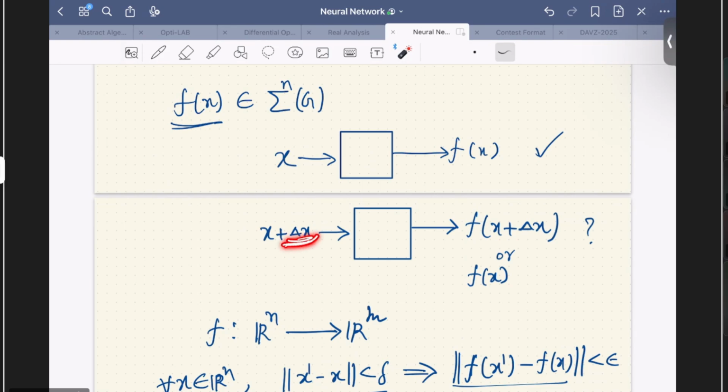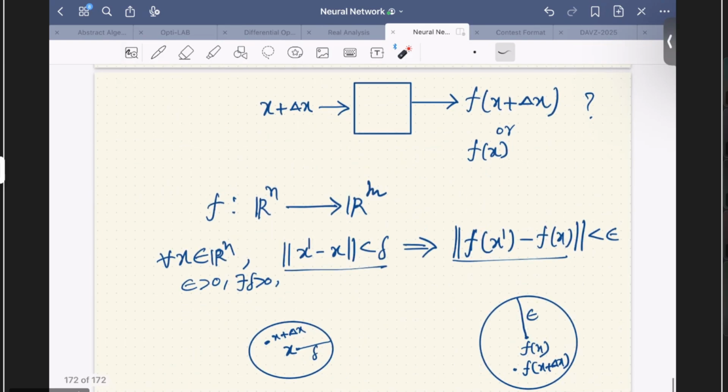But delta x is causing some damage to the data. If I supply this damaged version, you will get a damaged result as well, the corresponding one. That is what continuity does. If you supply x plus delta x, you get f of x plus delta x rather than f of x.